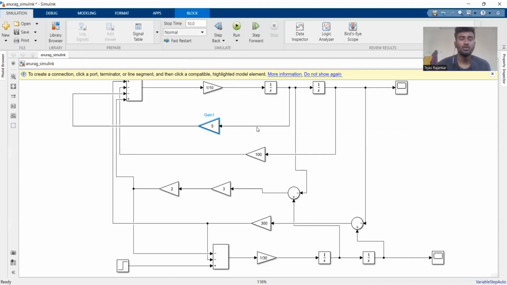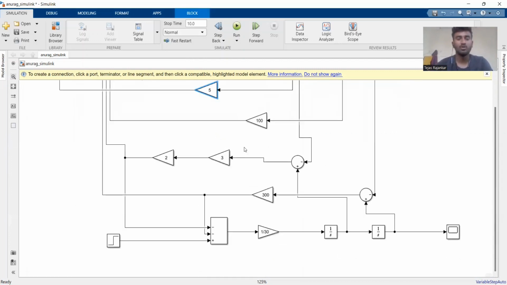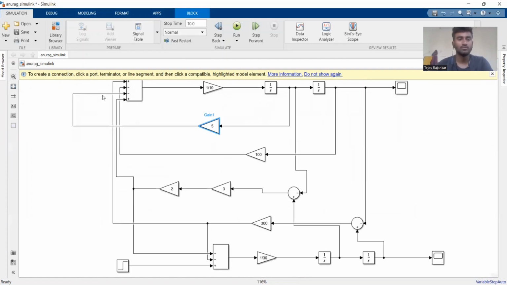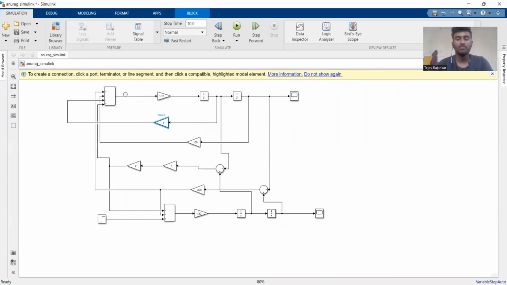In this model, I used the summation block. So this is a summation block, this is a gain block, this is an integrator, this one is also an integrator, and this one is also a summation block.